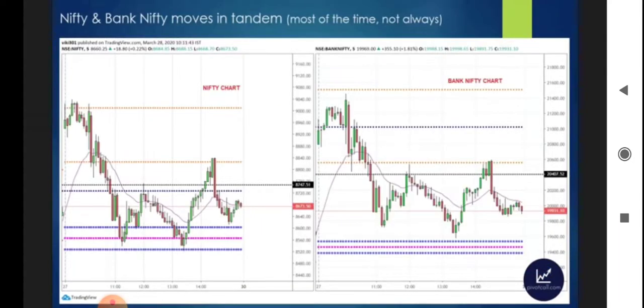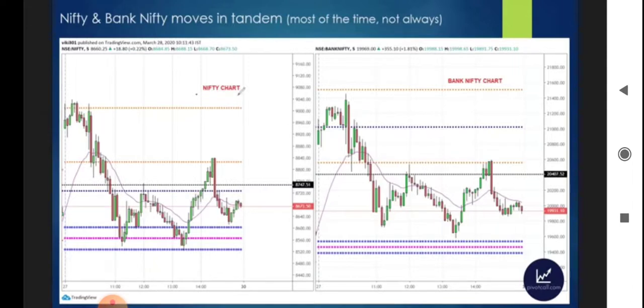Now we are coming to the last slide of the first session, where I said Nifty and Bank Nifty move in tandem, right? Moving in tandem means if one of them has a support and bounces, the other can also bounce, or if one of them has a resistance and reverses, the other can also reverse. That is what I said: Nifty and Bank Nifty most of the time move in tandem. So look at this chart.